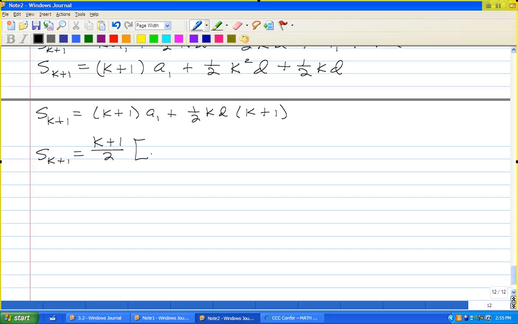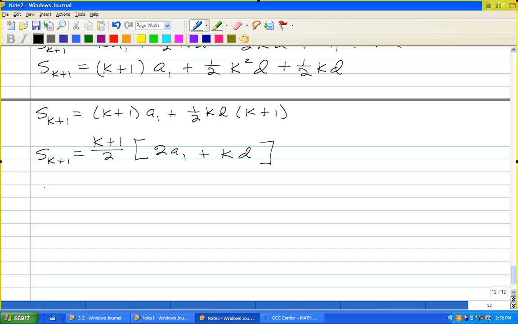Okay, so what remains is 2a1 plus kd, factoring out the 1/2 k plus 1.